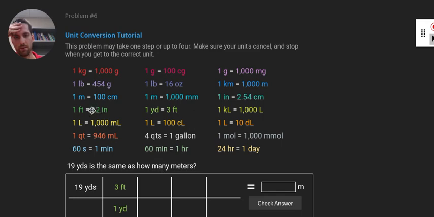And then we're going to want to convert from inches to centimeters, then from centimeters to meters. 19 times 3 times 12 times 2.54 divided by 100. Or 17.3736.